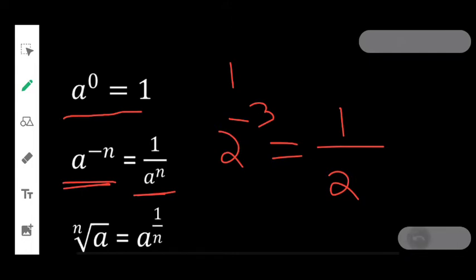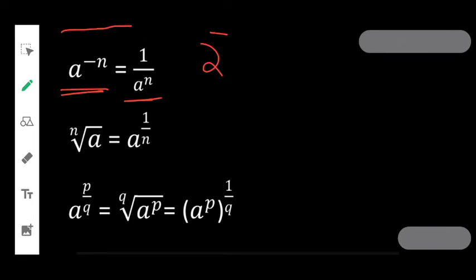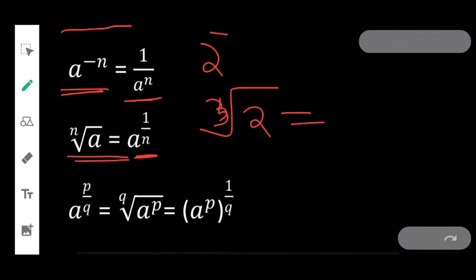Okay. Next, nth root of a equals a to the power 1 by n. For example, cube root of 2. Here n is 3, and a is 2. And nth root of a equals a to the power 1 by n, so write a, that is 2, and 2 to the power 1 by n, where 1 by n is 1 by 3.